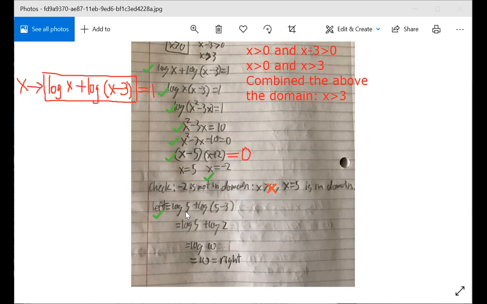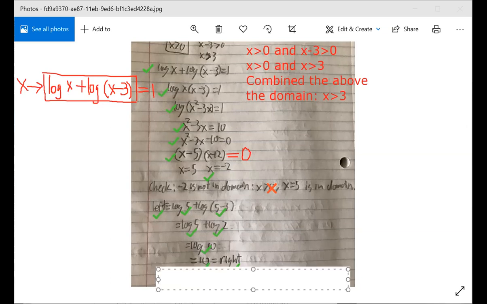Common log 5, 5 minus 3, 10, product rule. Perfect. And then of course x equals 5 is a solution. You just have to maybe summarize: x equals 5 is a solution to the equation.